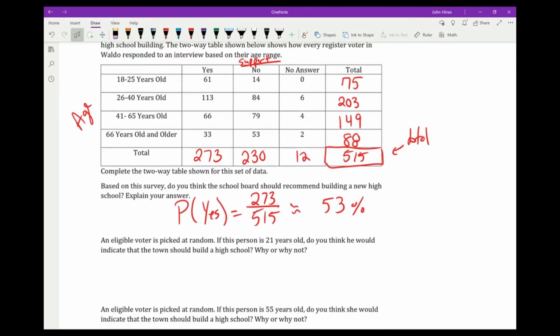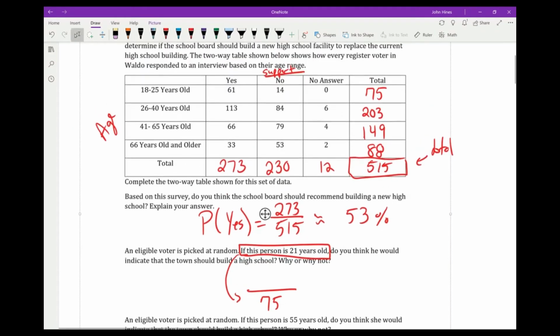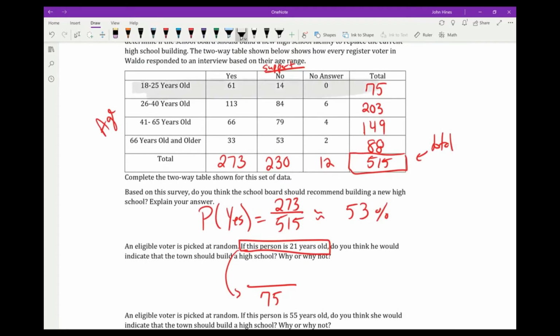A person is picked at random. If this person is 21 years old, so I know they're 21 years old, I'm not picking out of everybody. That becomes my denominator. I know this person's 21 years old, so they're from this category here. They're from that first row. I'm only looking at values from this first row.